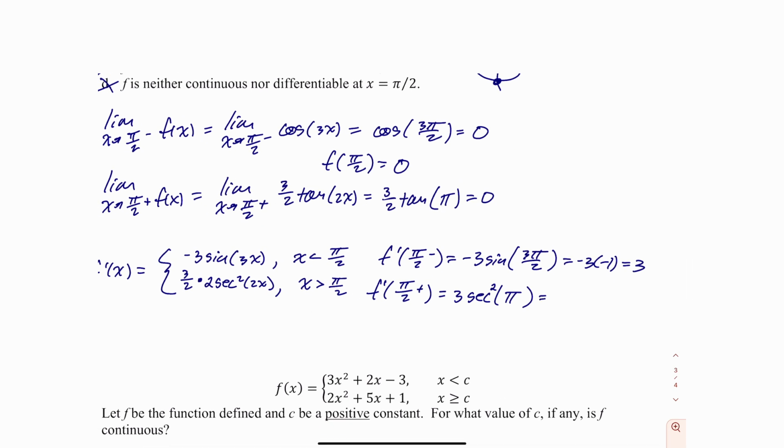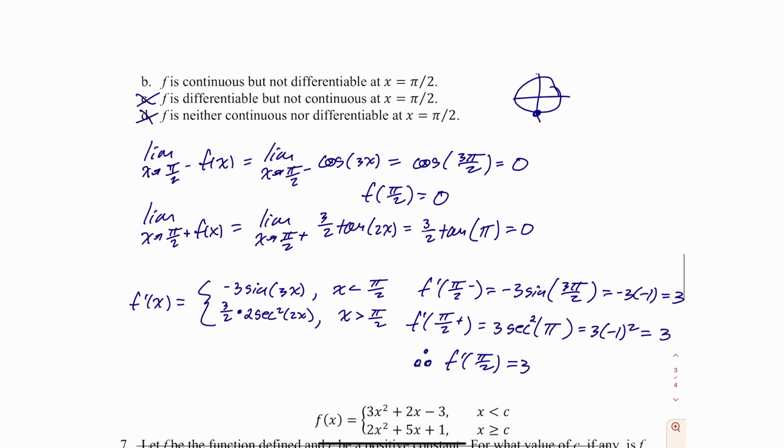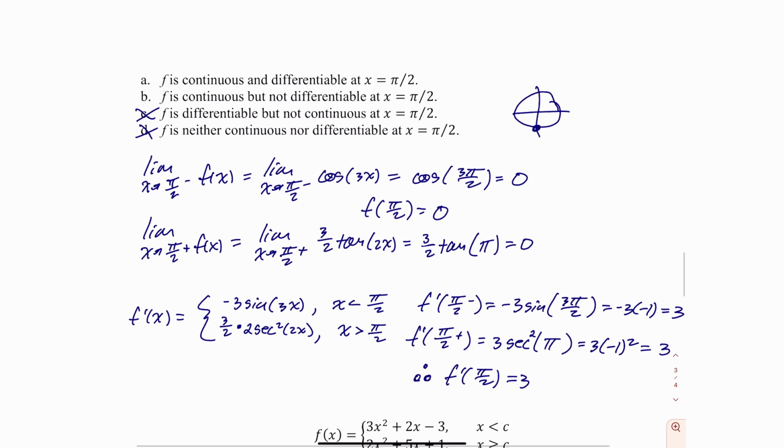So we have 3 times negative 1 squared, which is 3, which means we could throw in an equal sign on either branch here. The key thing is we can say that f prime of pi over 2 is 3. So the derivative exists and the function is continuous. We can say this function is continuous and differentiable.